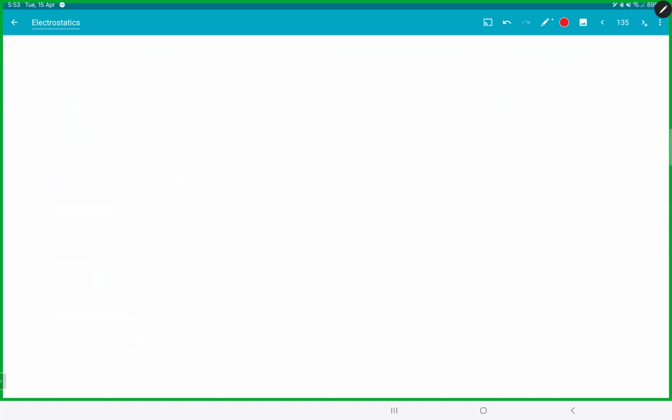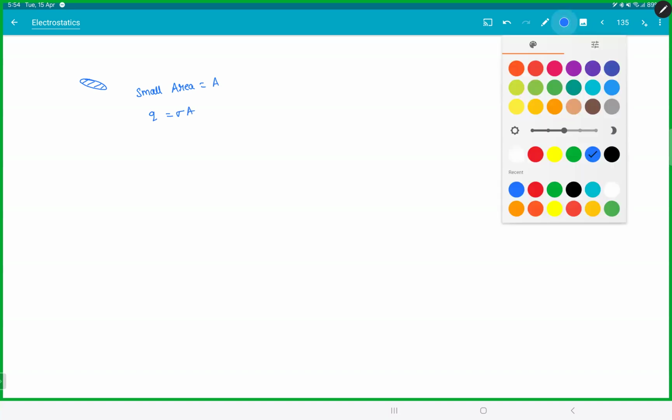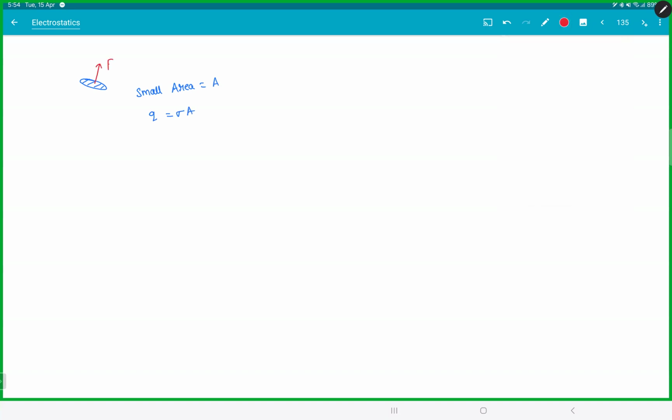Then we are done once we got that. So we have to take a small patch here. Let the area be A. Small area A, so the charge will be sigma into area. So I need to find this force.